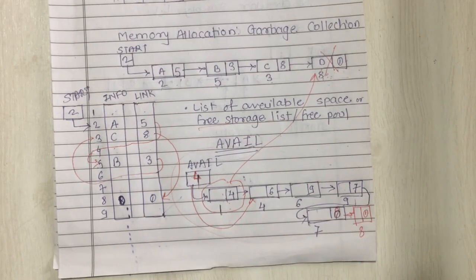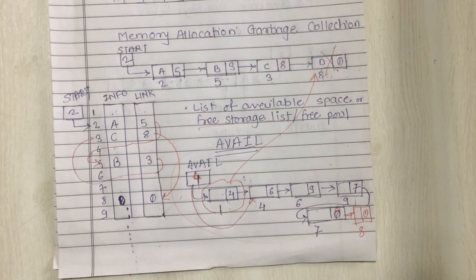The process of garbage collection is carried out in two steps. What are the two steps? In the first step, the computer runs through all the list, and while running through the list, it tags the cells which are currently in use.